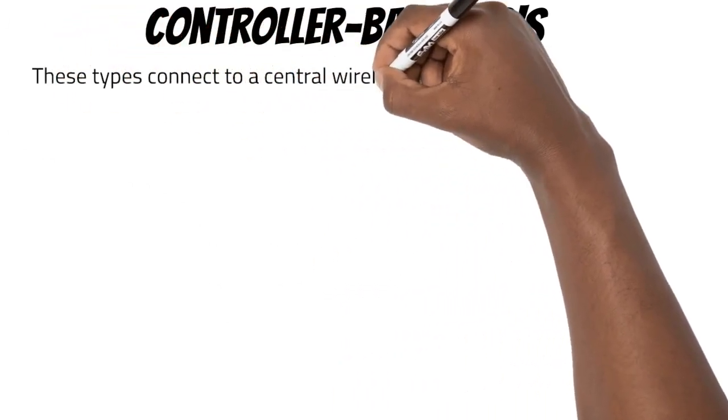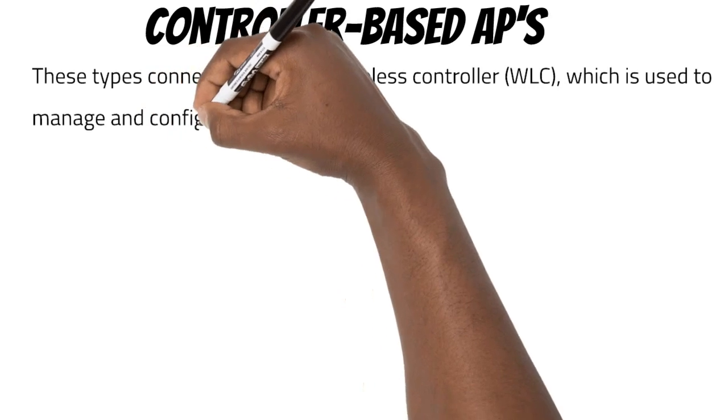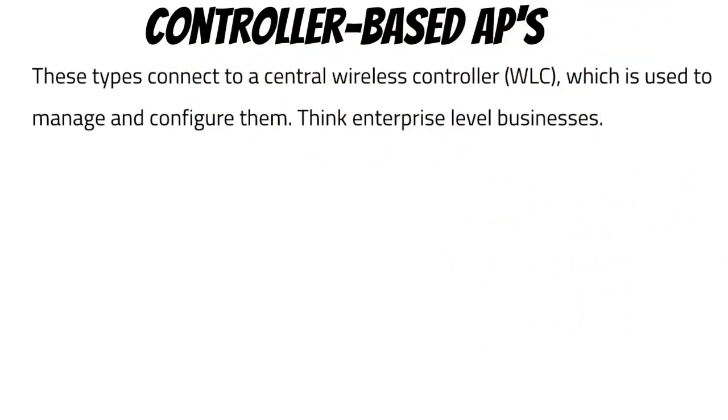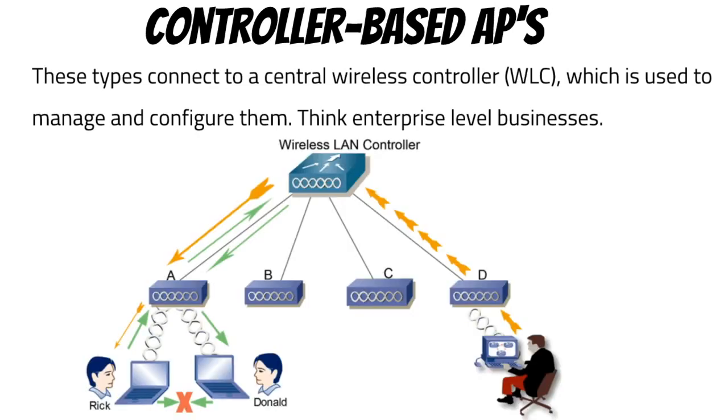Our next type is controller-based access points. If you've been studying or if you're working in the wireless networking field, or just in networking in general or IT, you're more familiar with these controller-based access points. If you're supporting the larger enterprise level networks, like definitely 100 plus access points, I would consider something like that to start being on the scale of an enterprise level business.